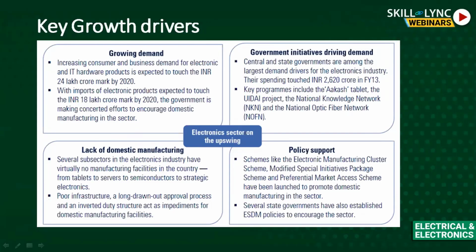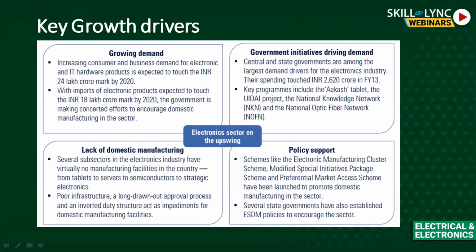So there is a huge opportunity where companies can come in and set up their design center, their manufacturing center, and then develop the product which could meet the local demand. So you see increasing consumer and business demand for electronic and IT hardware products, which is going to touch the 24 lakh crore mark by 2020.